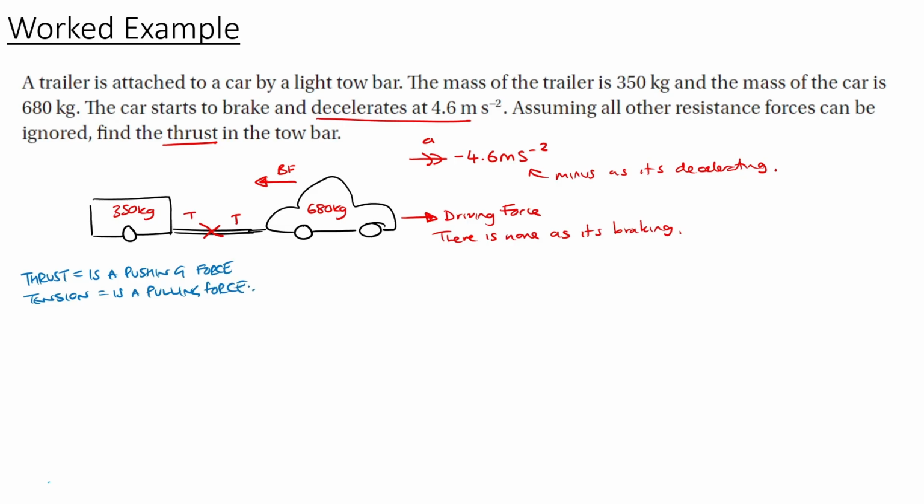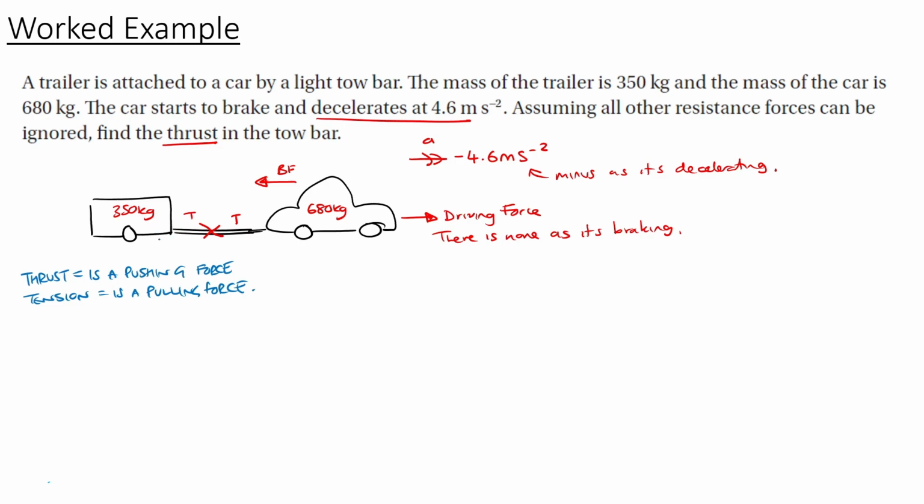Now, tension acts away from the body and thrust acts towards the body. So what we're looking for is the thrust of the tow bar. So what's pushing that tow bar in this direction. So we could say in terms of acting on the body, we're looking for the thrust that's acting on the tow bar.